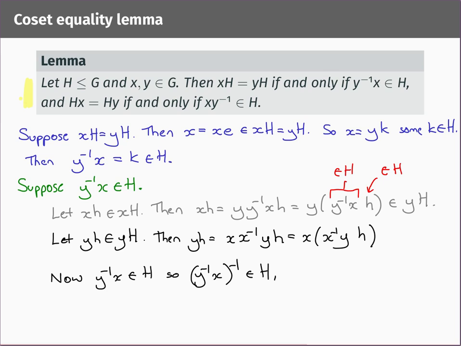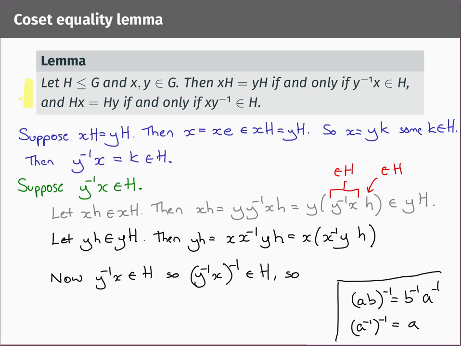But in any group, just like we proved for matrices, just like we proved for permutations, the inverse of a product AB is always equal to B to the minus 1, A to the minus 1, and the inverse of A to the minus 1 is A. So those things are always true in any group for the same reasons that they were true for matrices and the same reasons they were true for permutations.